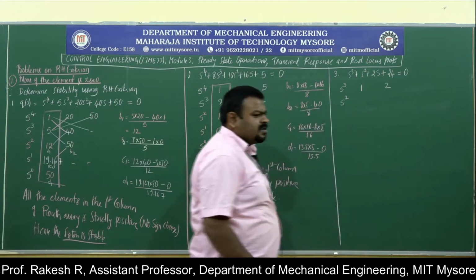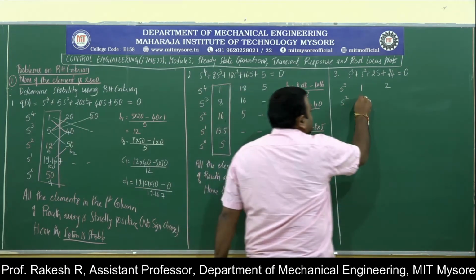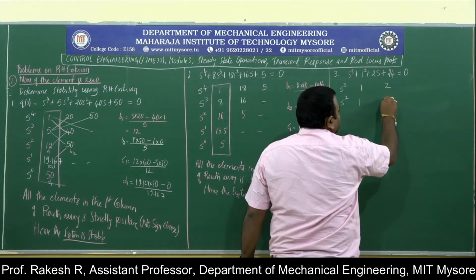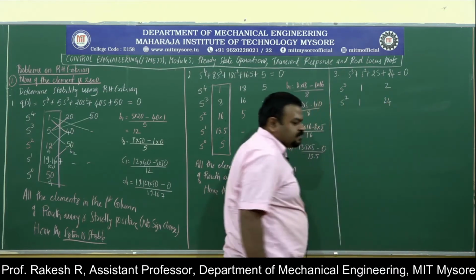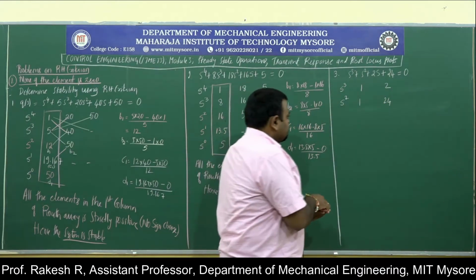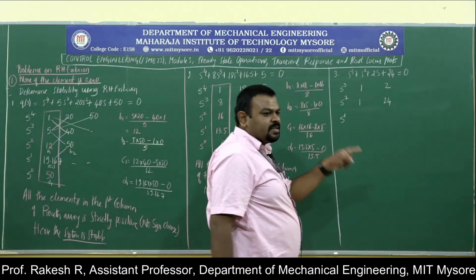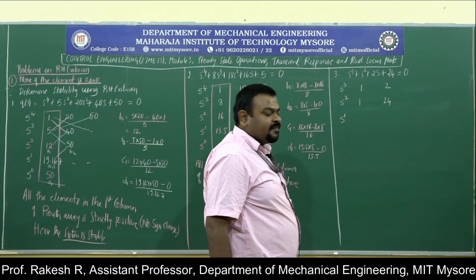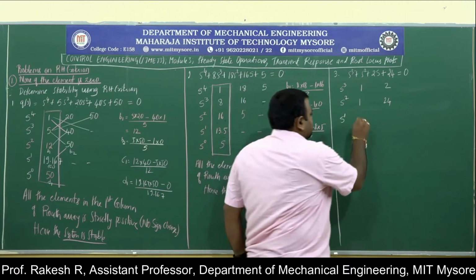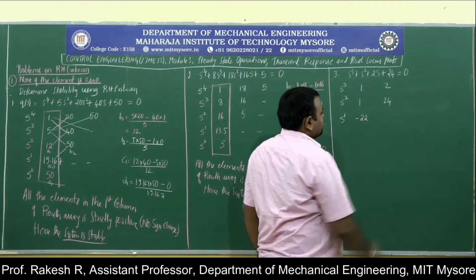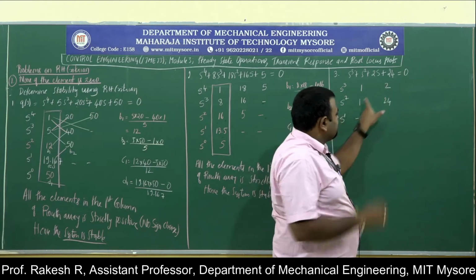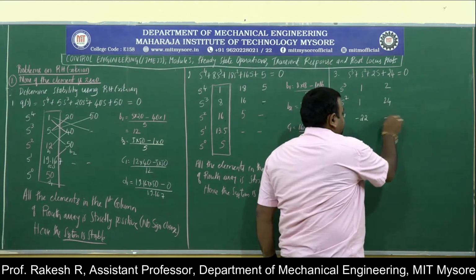Then s square, the first coefficient of s square is 1, then s to the power of 0 is 24. Then if I solve s to the power of 1, 1 into 2, 2 minus 24 is minus 22 divided by 1, it is minus 22. Then for this term, there is no element, leave that.